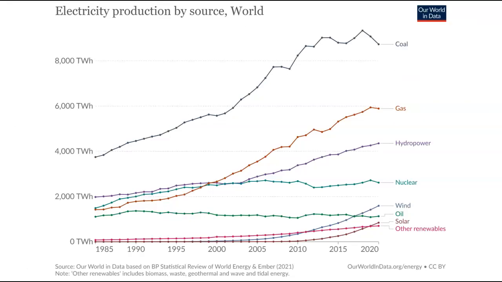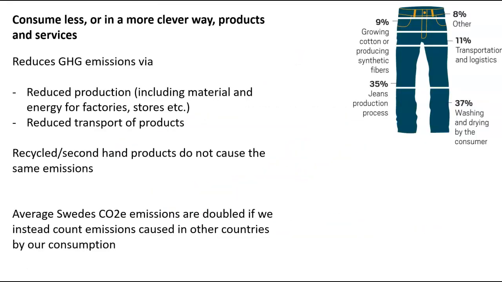Okay, so how can that happen? Well, one way is to consume less, basically, or do it in more clever ways. So we can reduce our greenhouse gas emissions by consuming less. There's less production, of course. So if I buy clothes, of course these clothes have to be manufactured in factories that require energy.